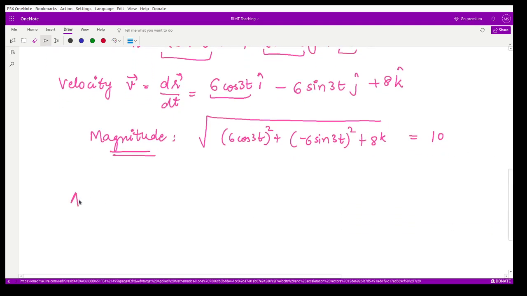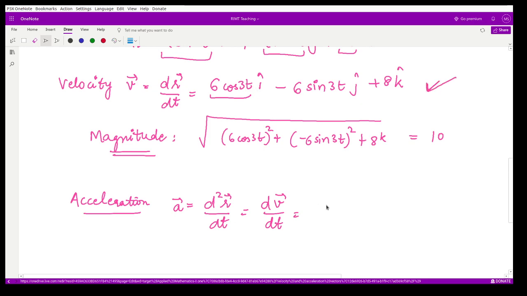And next we have to calculate this acceleration. So what is this acceleration? This is either defined to be the double derivative of the r vector, or the first derivative of the velocity vector. Now you have this velocity vector, you just have to take its first derivative.